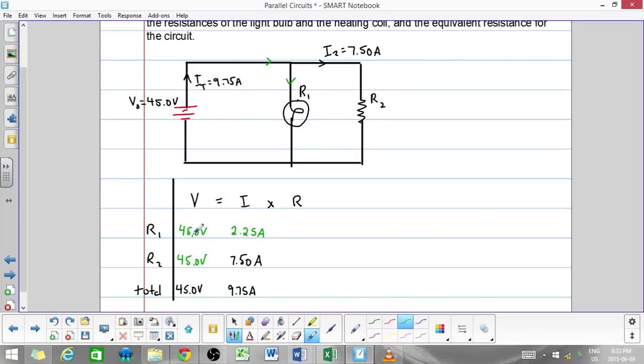So 45 volts divided by 2.25 amps gives you 20 ohms. The next one is 6 ohms. And the last one, 45 divided by 9.75, is 4.62 ohms.